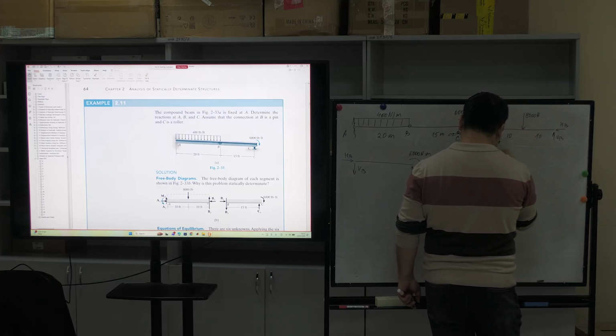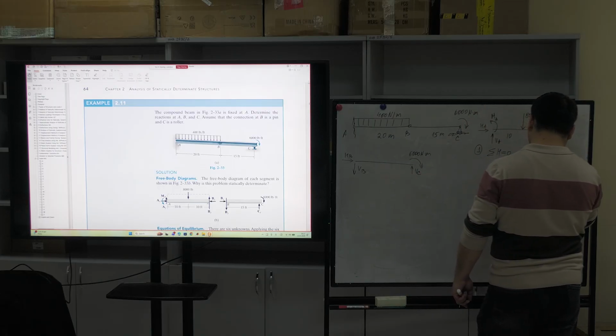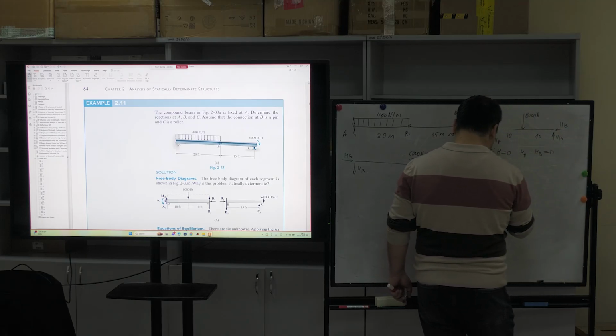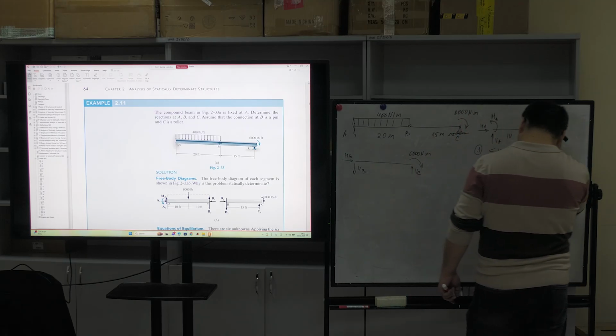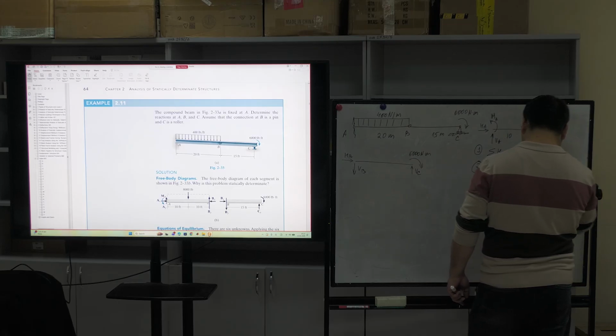Let's write for the horizontal forces. Equation number 1: sum of horizontal forces is equal to 0, HA minus HB is equal to 0. Equation number 2: sum of vertical forces is equal to 0, so VA plus VB minus 8 kilonewton is equal to 0.